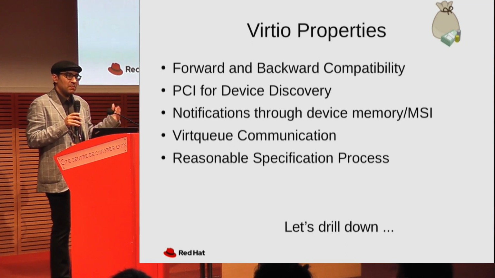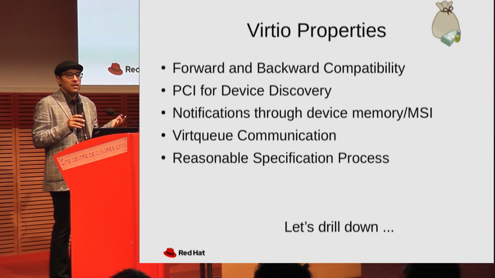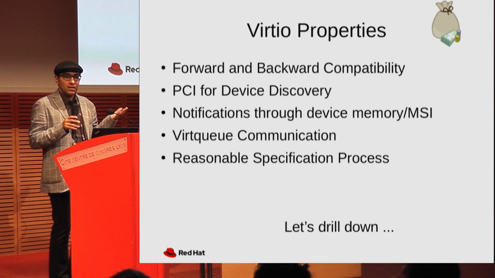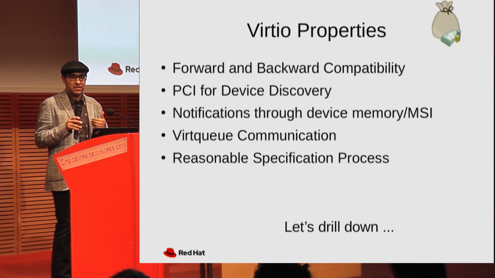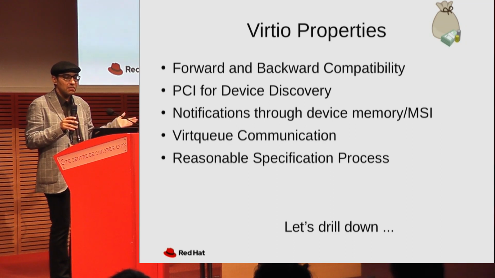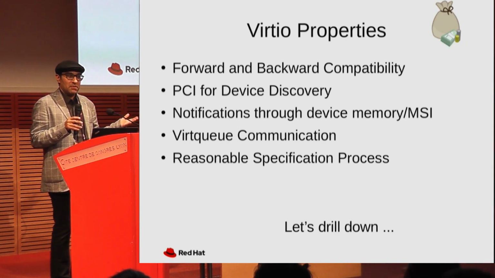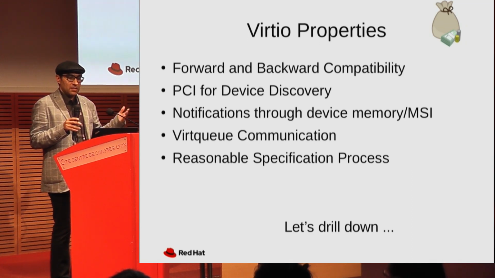Then there are some nice properties of Virtio, I think, that actually make it attractive as a hardware-software interface. Some of this is our strong focus on forward compatibility and backward compatibility. I'm going to talk about this a little bit, but generally it's attractive, right? Because upgrading hardware is hard. Then there is use of PCI for discovery.